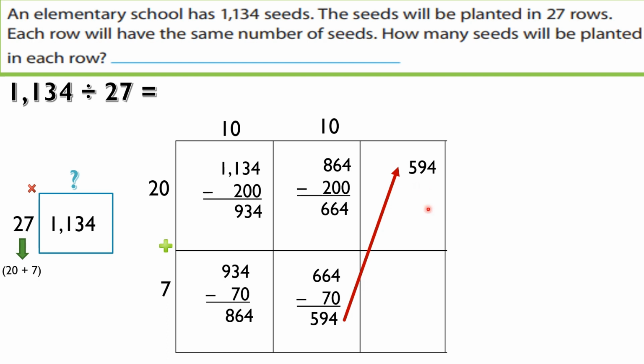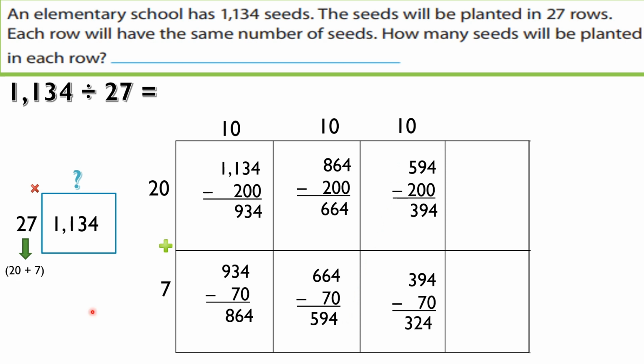So we can go ahead and say 20 times 10 equals 200. And then 594 minus 200 is 394. This is our new number, which we are going to be taking down here and seeing how many groups of 7 we can get in 394. So we have to multiply 7 times 10, which is 70. Then we subtract 70 from 394 and our answer is 324.